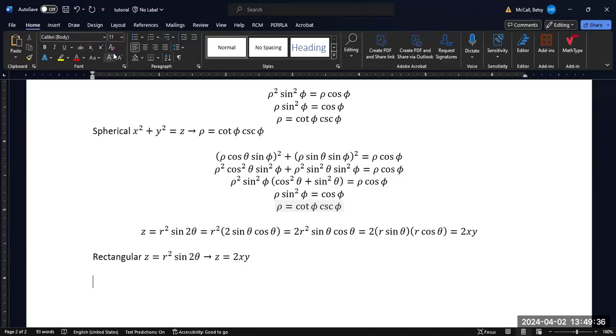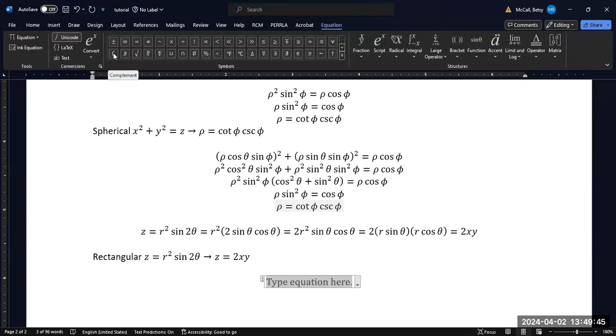Great. So how would we do this transformation in spherical? Well, we're going to need z is rho cosine phi. And then on the other side of the equation, r squared, we're going to use that rho squared sine squared phi identity.